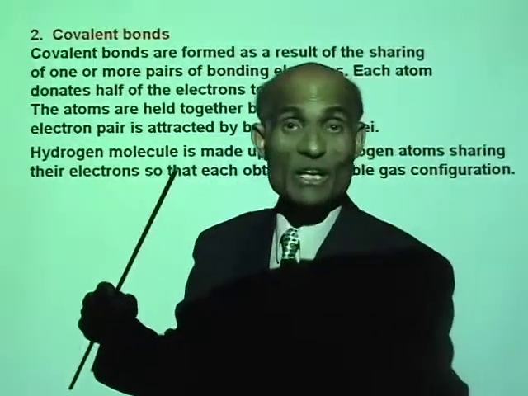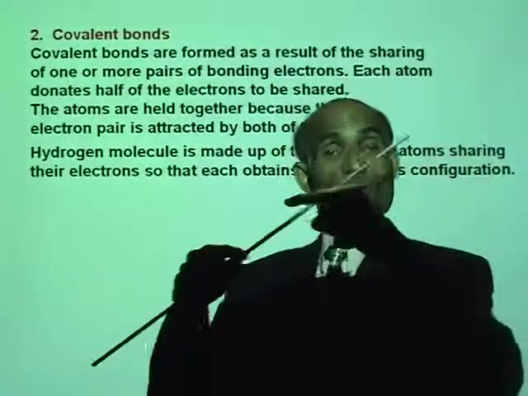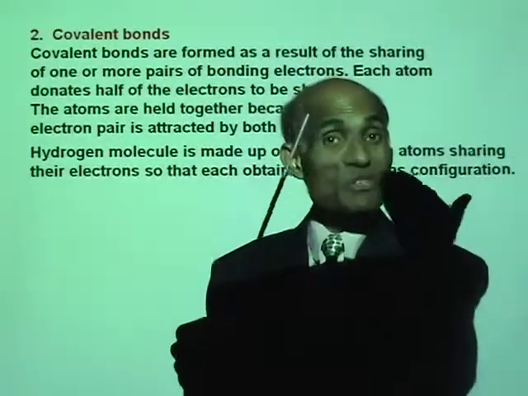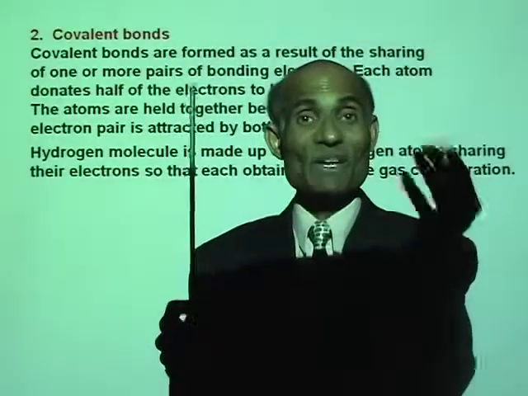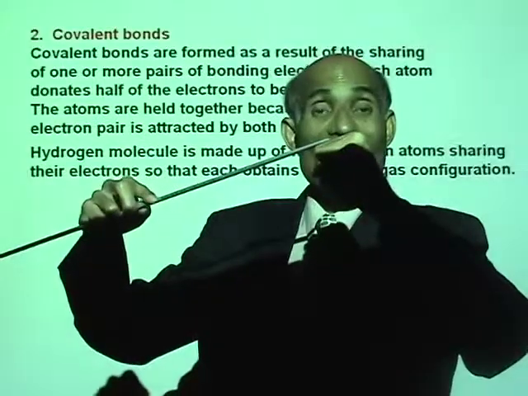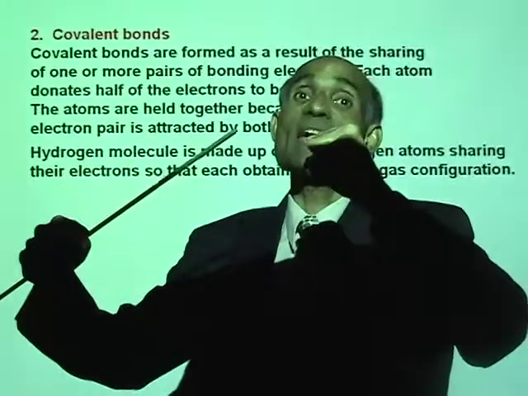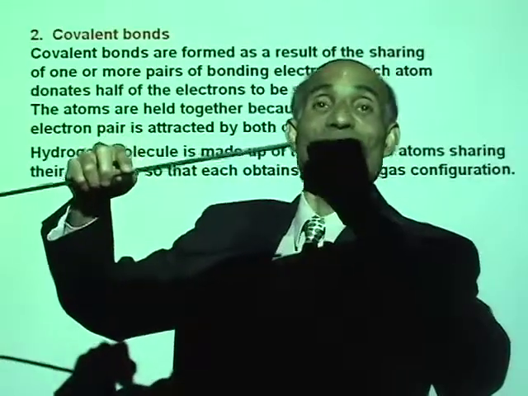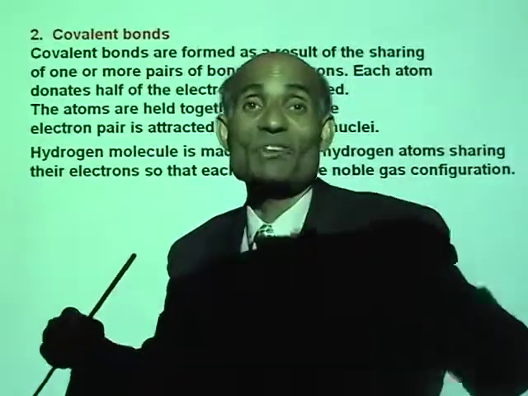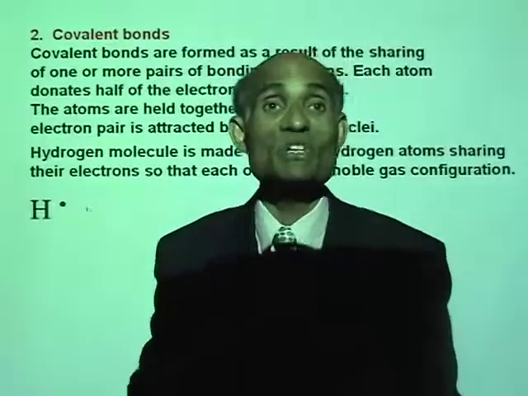You see, none of them will give up their electrons completely to form ions. There is no formation of ions here. Each atom keeps control of its own electron and shares the other atom's electron. So each atom now has 2 electrons, one pair being shared.